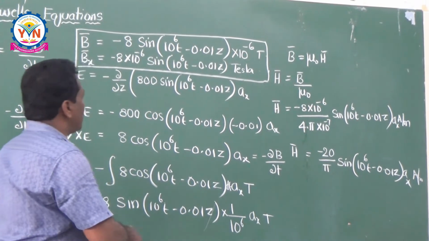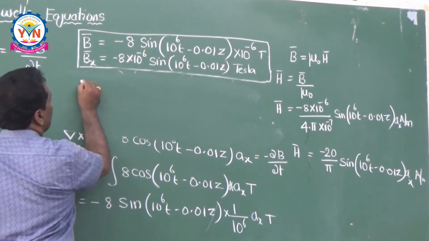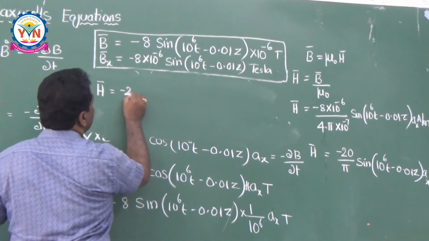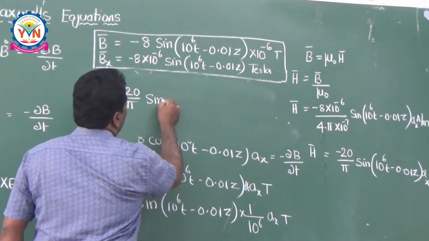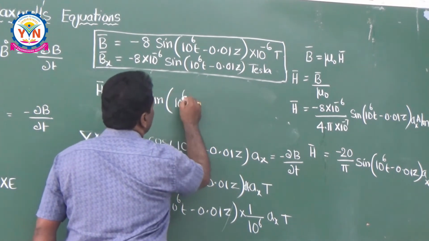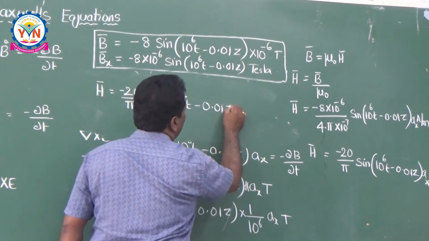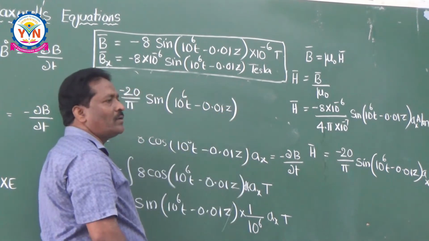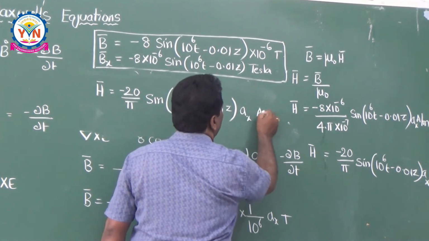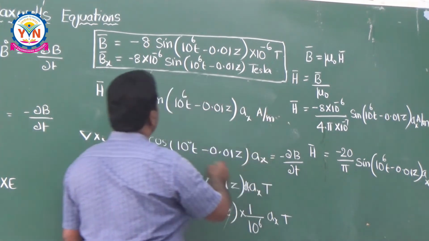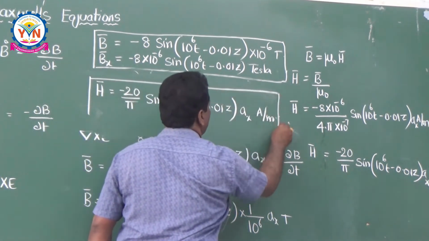So just for clarity, I am writing here minus 20 by pi sine of 10 to the power of 6t minus 0.01 into z, in which direction? Ax per meter. So this is the answer for the second one. This is called h bar.